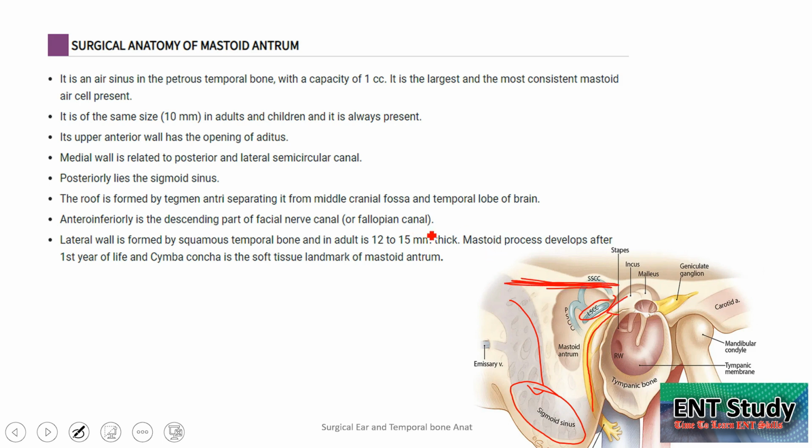Superiorly, we have the plate of the tegmen mastoideum, which is separating the middle cranial fossa from the mastoid. It says over here that it is the largest and the most consistent mastoid air cell present, and it is of the same size in adults and children.